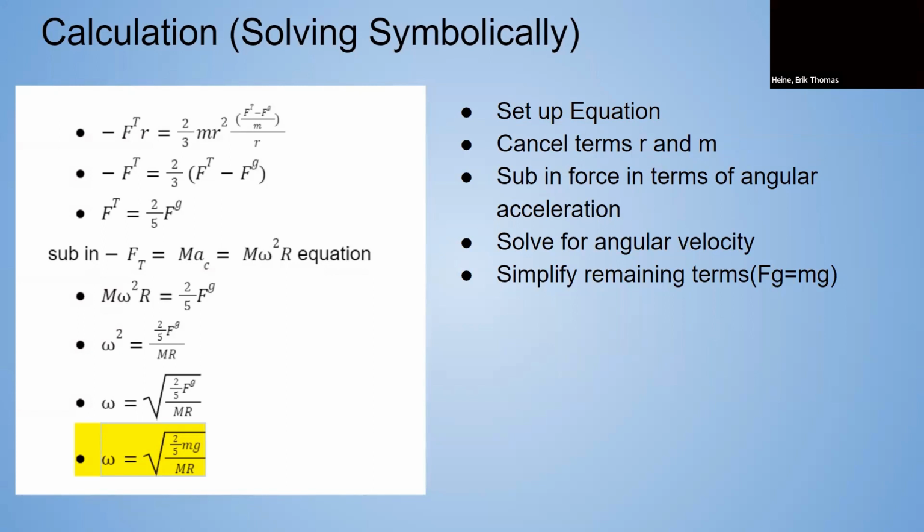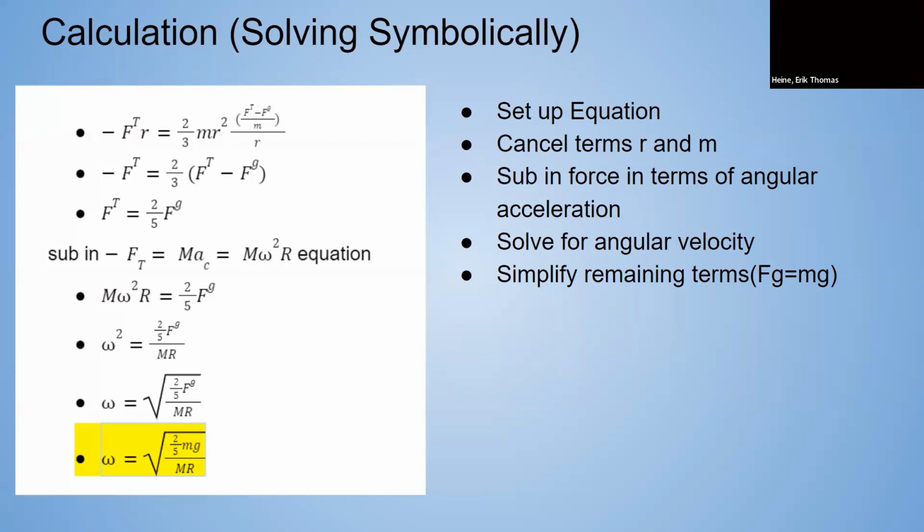The 2/3 mr squared, of course, is the moment of inertia for the ball. From that point, it just turns into algebra. We're going to solve for tension, and we know from earlier that tension is equal to big M times omega squared big R. At this point, omega is the only unknown, and we can solve for it and get everything in an expression of omega, which is what we want.